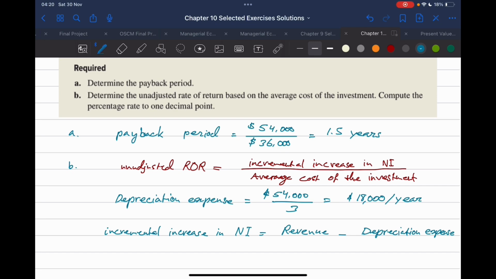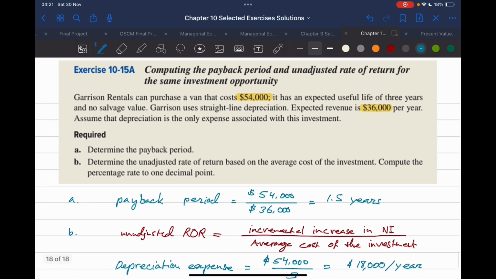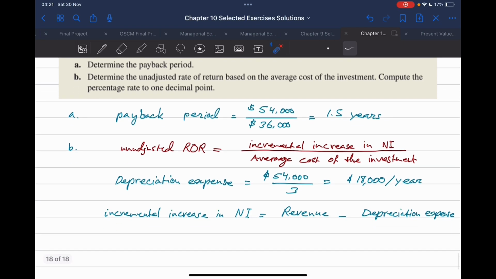Okay, so this investment is going to increase our revenue by $36,000 a year, but it's also going to cost us a depreciation expense of $18,000 a year.